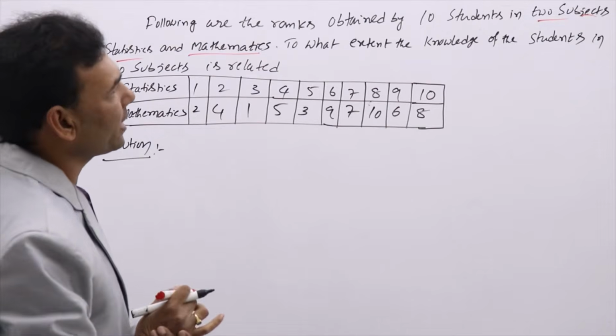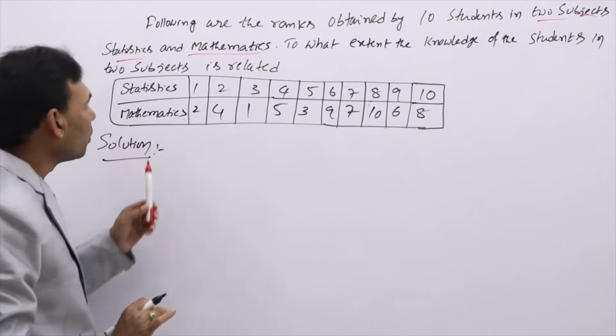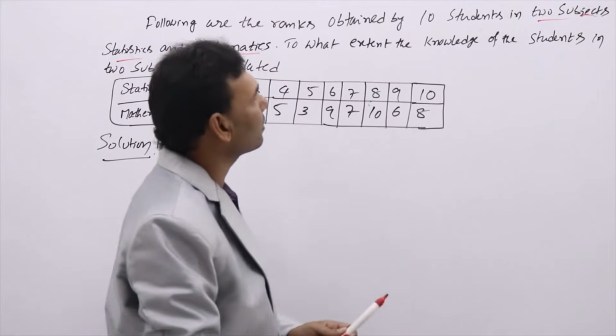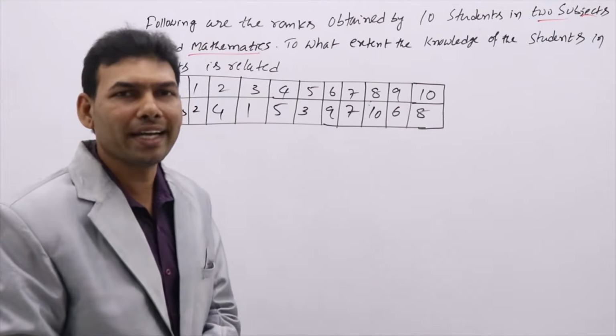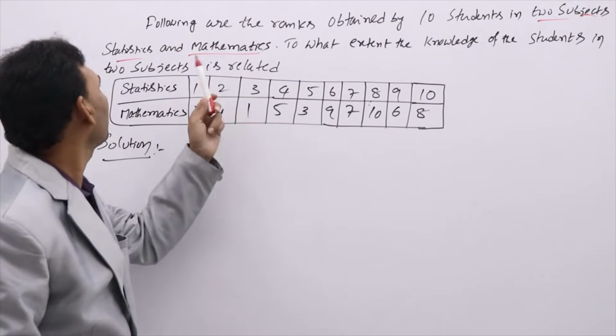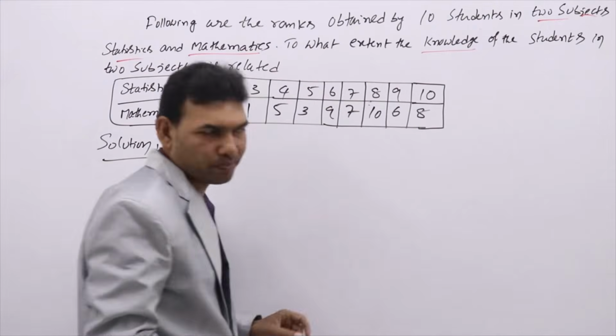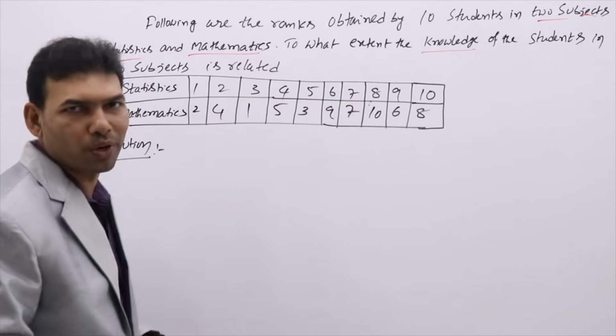To what extent is the knowledge of the students in the two subjects related? Based on the ranks, we need to decide how the qualitative quantity, that is knowledge, is related. For this we use rank correlation.